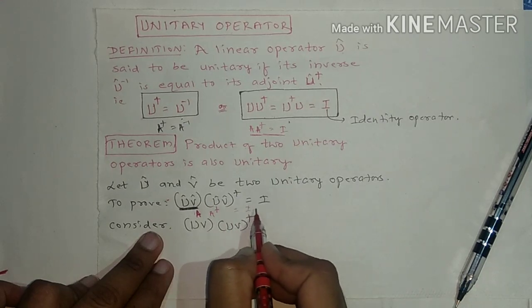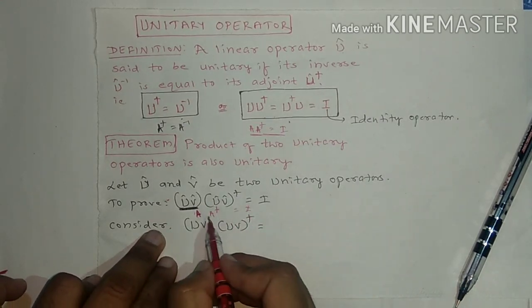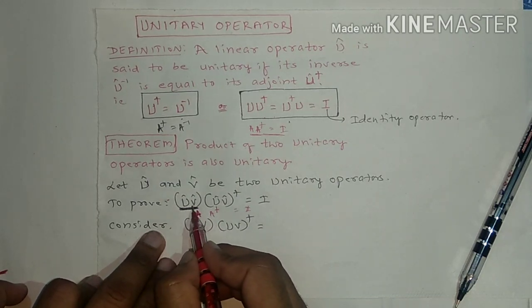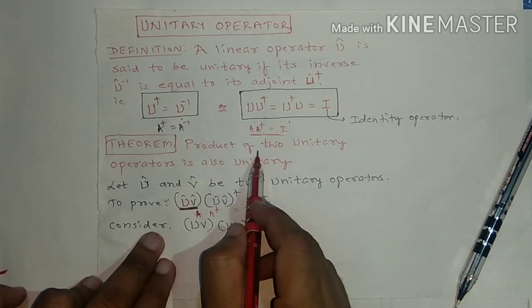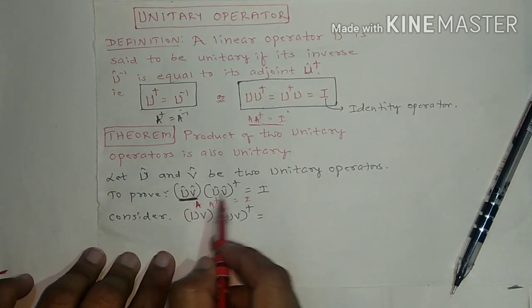If we get A A dagger equal to I, then A will be a unitary operator. A means U into V, the product of two unitary operators, so we need to prove that it is also unitary.